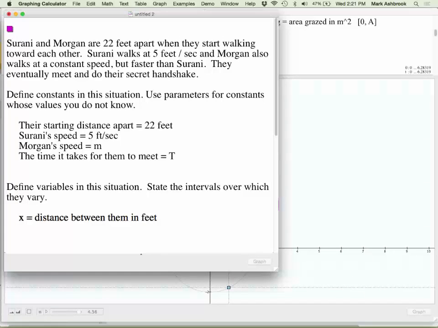So we could say S equals Cerny's distance from her starting point in feet. T equals the time since they started walking in seconds.